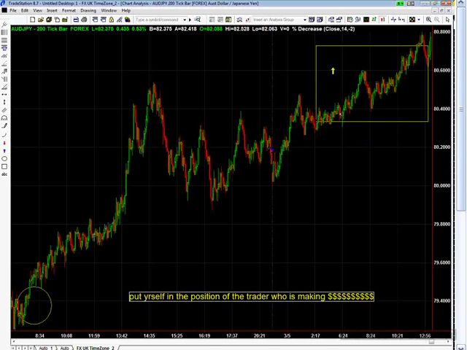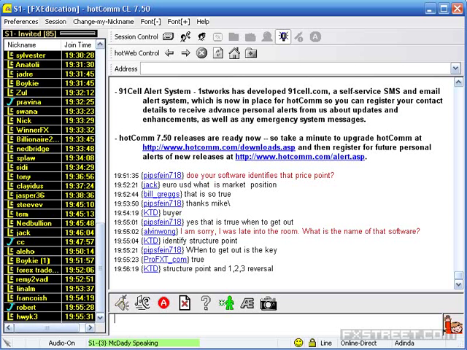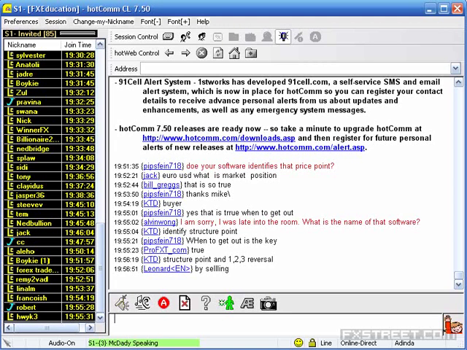The second thing is I want to know where this guy who's making this money is going to take his profit. If this guy is making this money, if he's long, how will he take his profits, KTD?